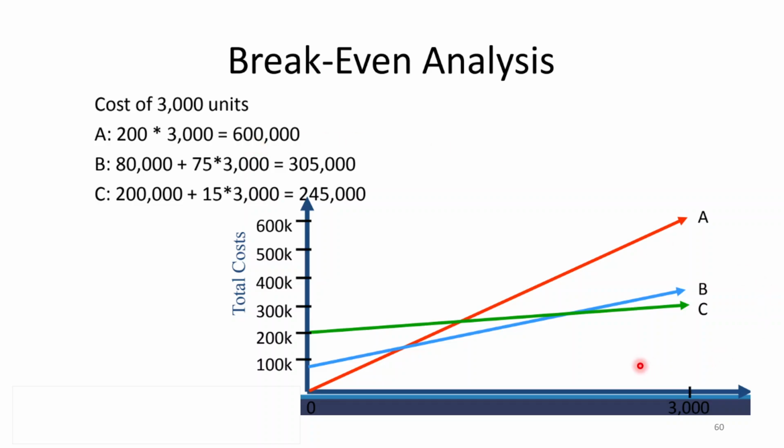Now at 3000 units, you can see the C method will be the cheapest. C will have 2,45,000, while the others will have 3 lakh and 6 lakh, so those are more expensive.